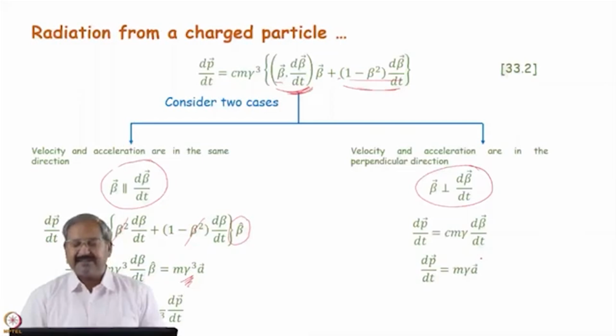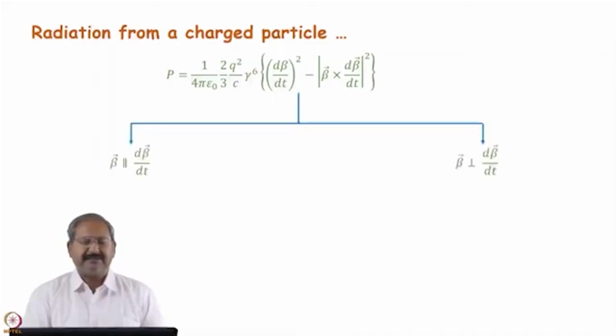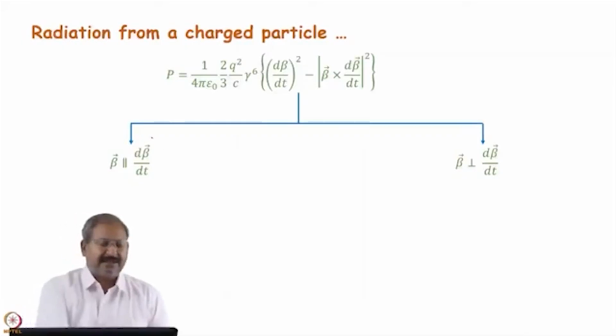And in this case we know that acceleration can also be written as v square by r. So now again we revisit the formula of power radiated, and in place of d beta by dt we will put the results. Now again we consider two cases, first when beta is parallel to acceleration.